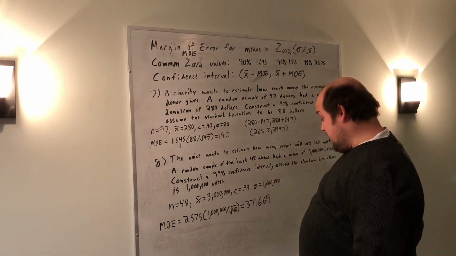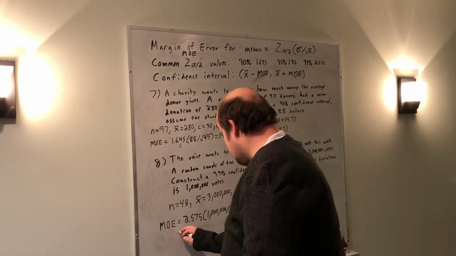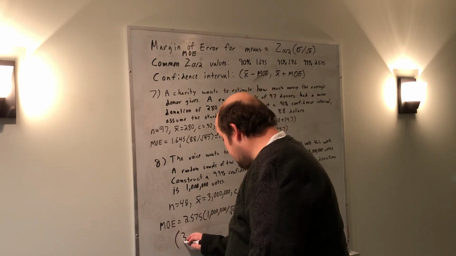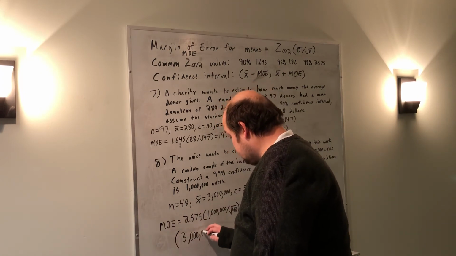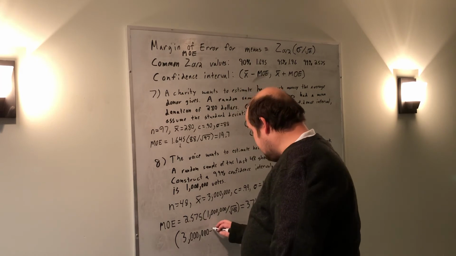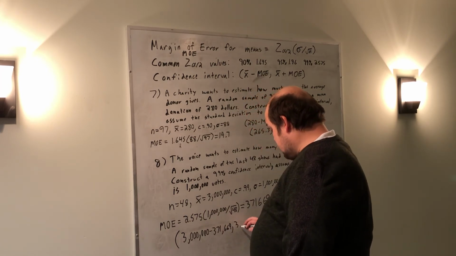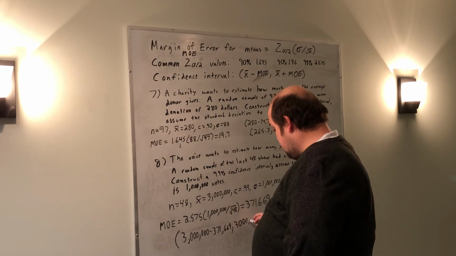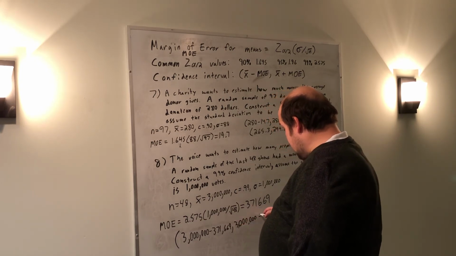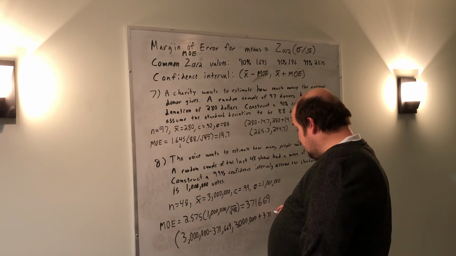I now need to take my x bar, 3 million, subtract that 371,669, and take the same 3 million and add 371,669.